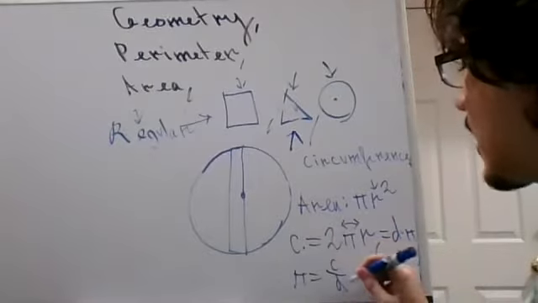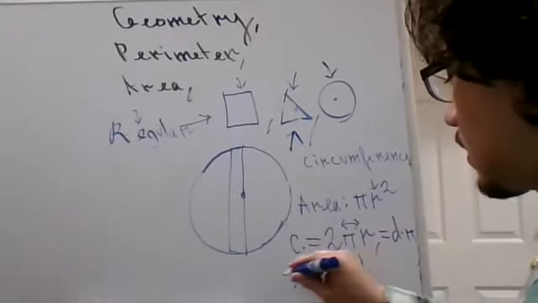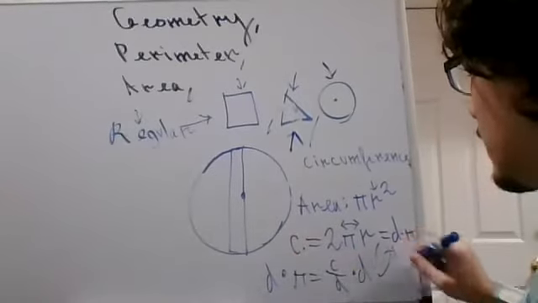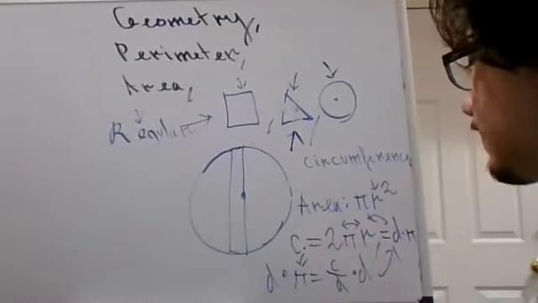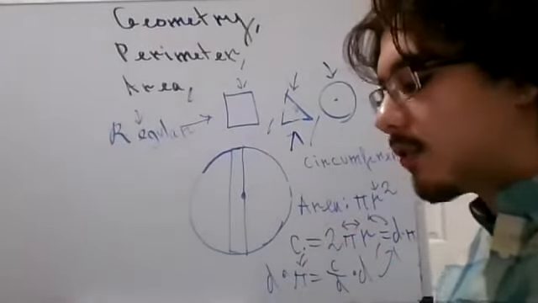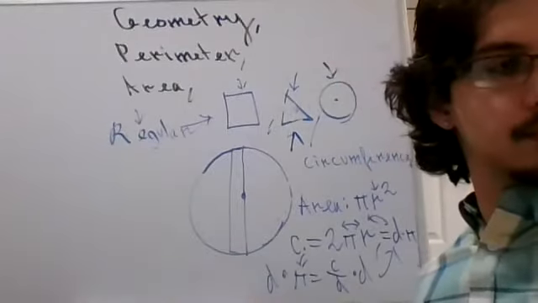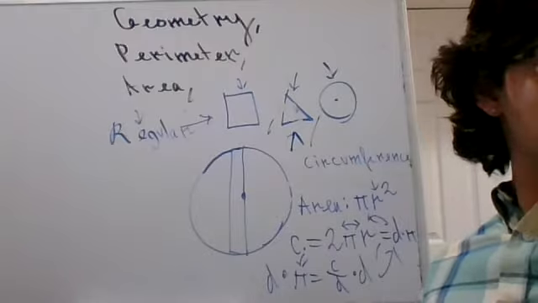So you multiply diameter on both sides, and you get the circumference equation. Any questions so far? No, sir. Very well.